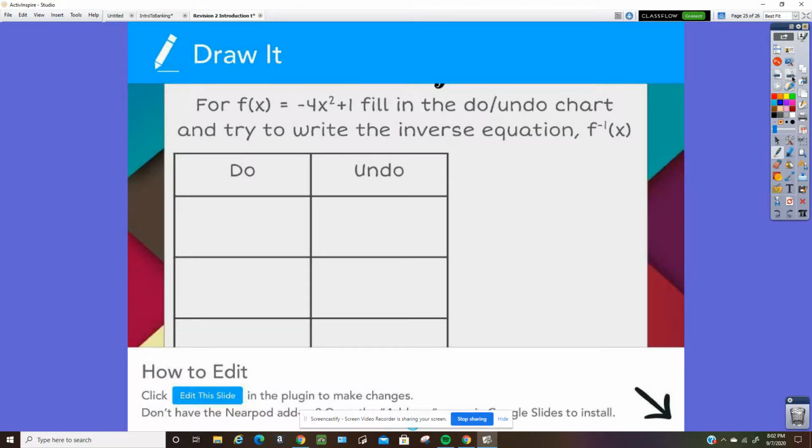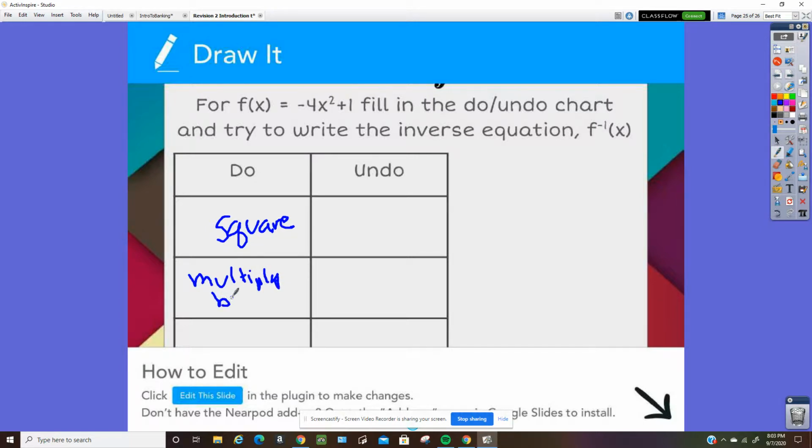All right, so fill in the do and undo chart here. So there's more than 2 steps to this one. So the first thing you do is square it. And then the second thing I do is multiply. Maybe I could have just thrown a little X there.